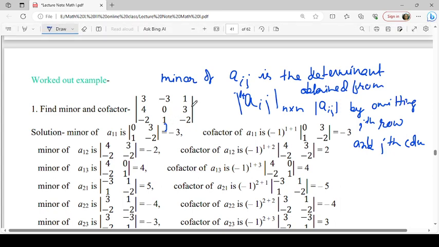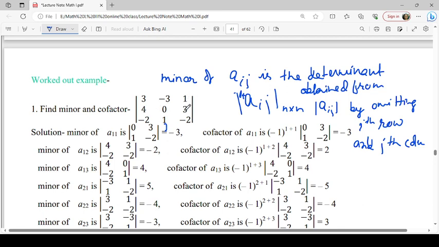Suppose this element, this 3, is in the second row, third column. So its location is a23. So for the minor of a23, you omit the second row and third column.